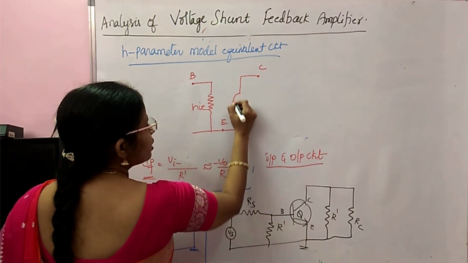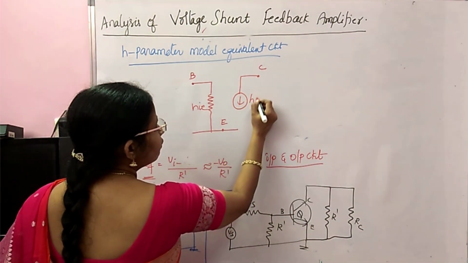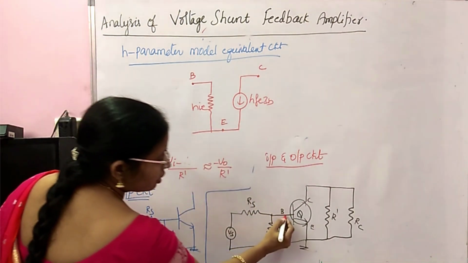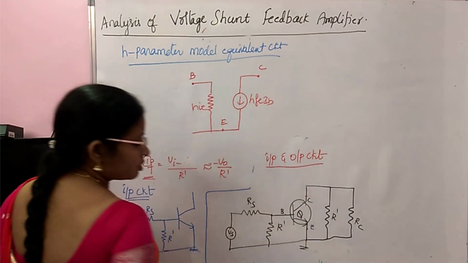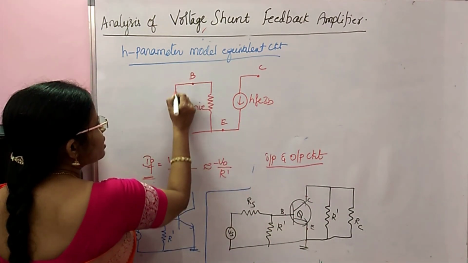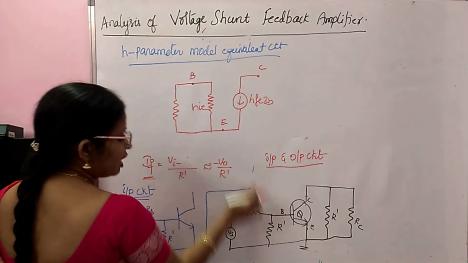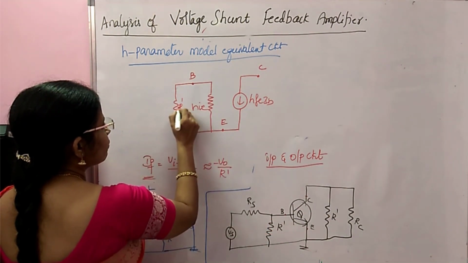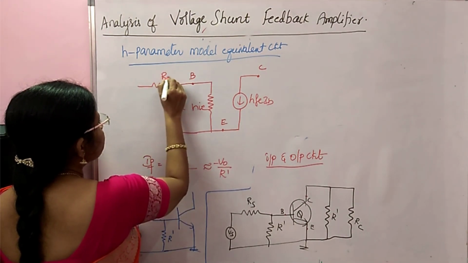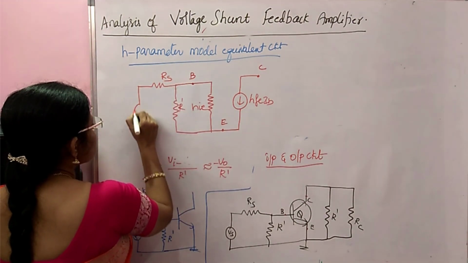Between collector and emitter, you are going to have hfe times IB. Yes, this is up to the transistor. The external circuit is the same. Between base and emitter, you have this R dash. Yes, you have another resistor, RS.